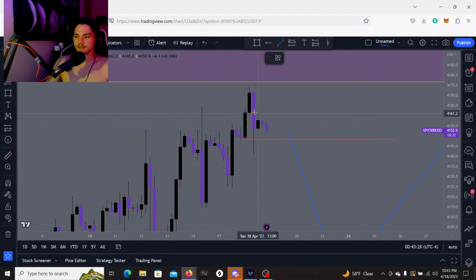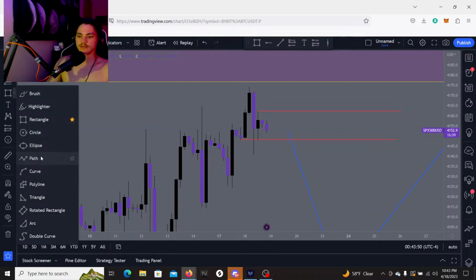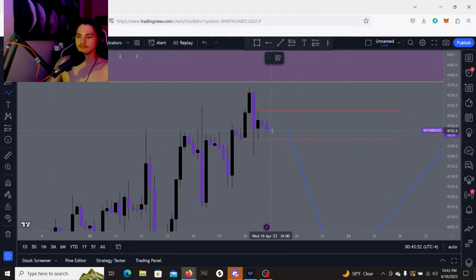So what would be ideal tomorrow, and this is what London could do, I don't know for sure if this is what London will do. When I wake up tomorrow, we're going to analyze and see. But I could easily see London doing something along the lines of a liquidity sweep.